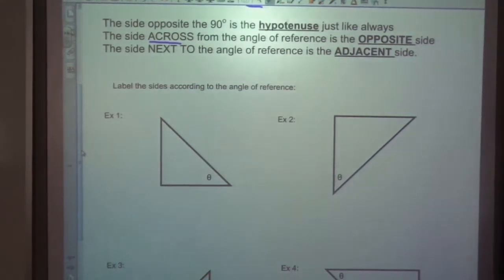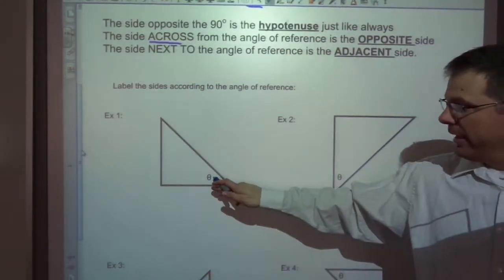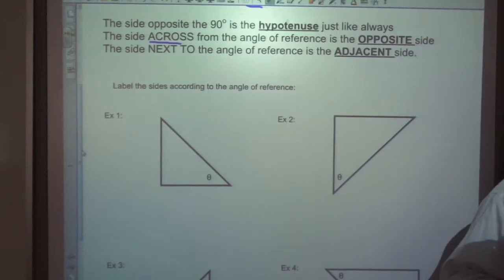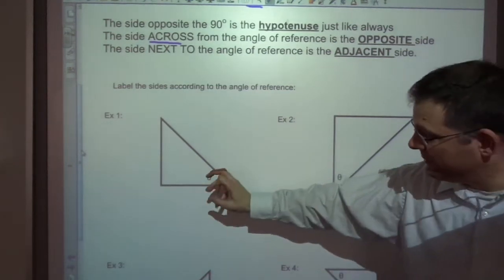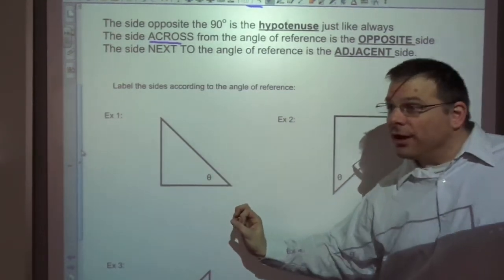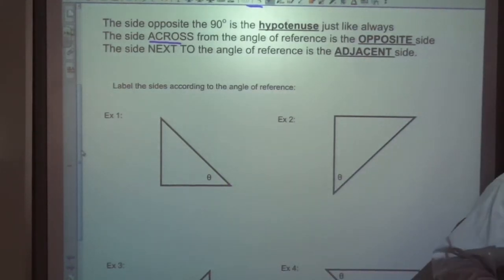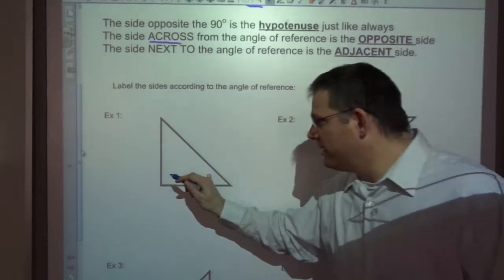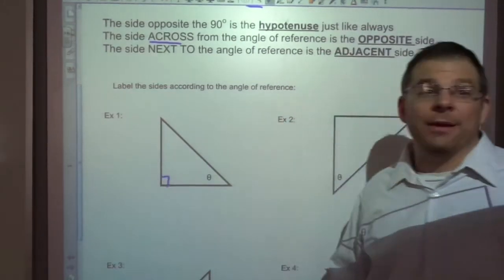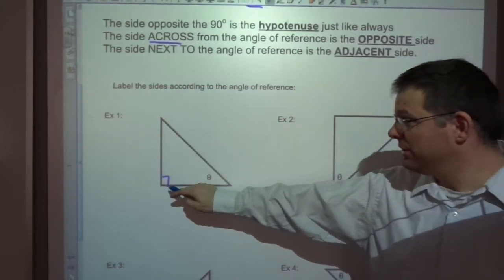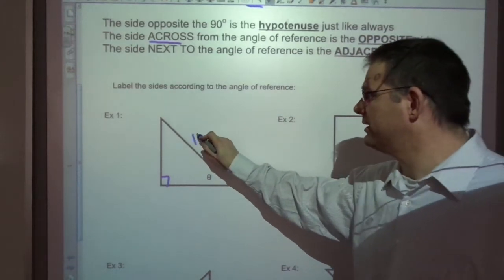In this first example, this is theta. This is my angle of reference. So I'm going to pretend that I'm sitting here in the triangle and looking at the triangle from this perspective, and I'm going to name the sides that I see. Here's the 90-degree angle, so we know the hypotenuse. The hypotenuse is always the one across from that. Just like always, this is the hypotenuse.